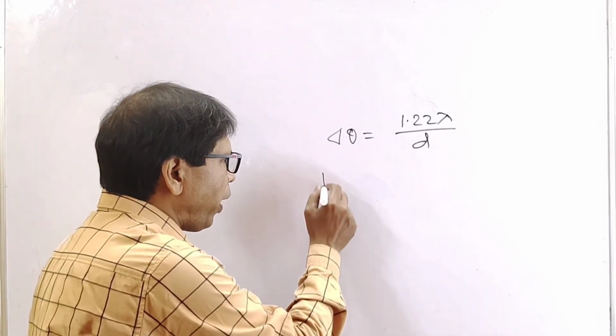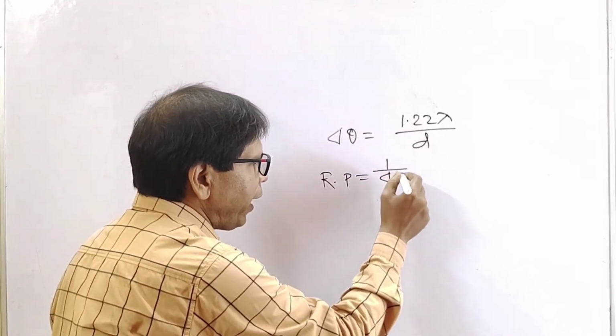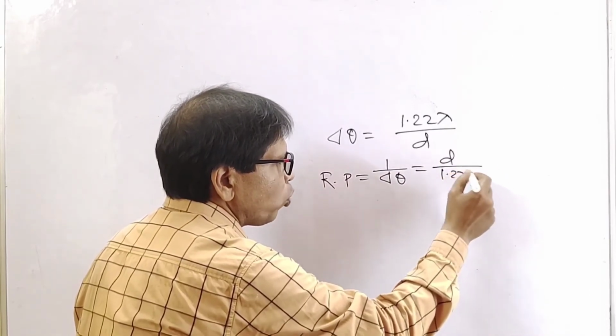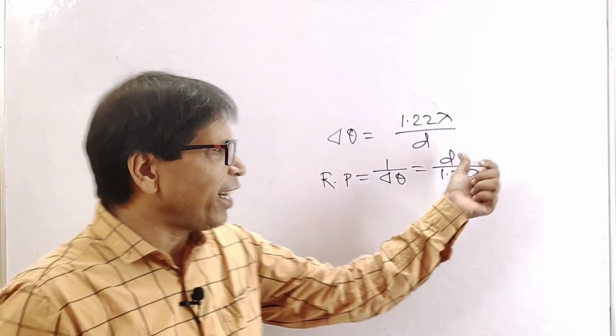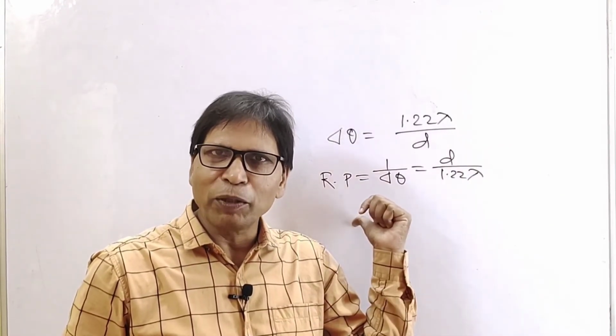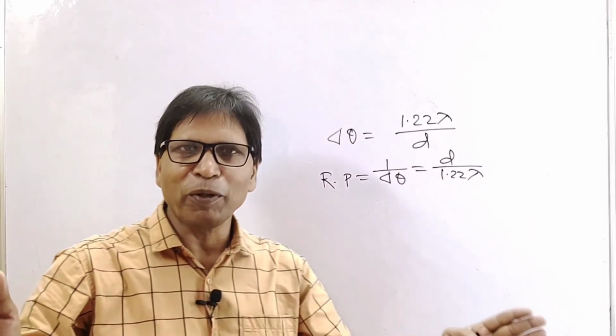So the resolving power of a telescope Rp equals 1/Δθ, which is d divided by 1.22λ. So look at this, the greater the aperture of the objective, the greater the resolving power. The smaller the wavelength, the greater the resolving power.